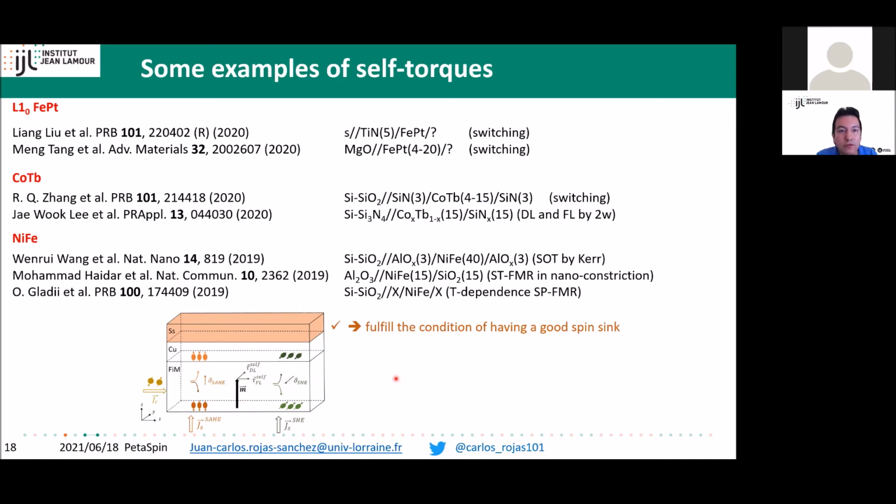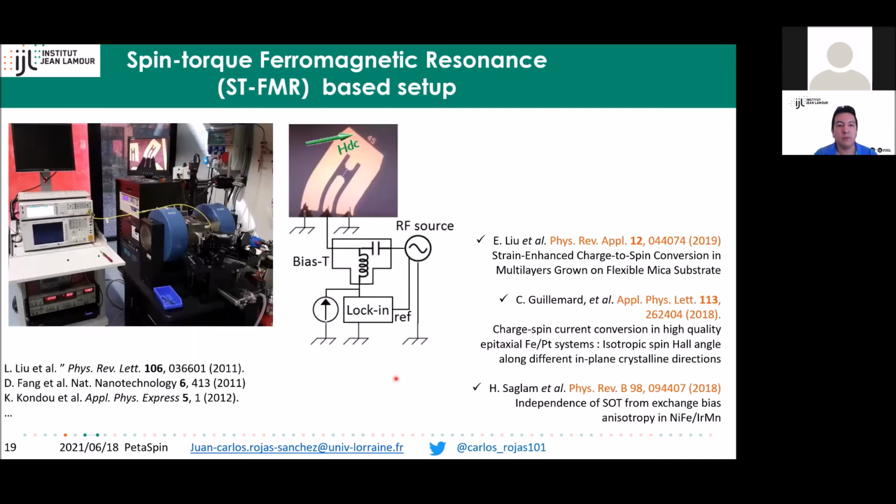And for that, we have shown the following technique based on ferromagnetic resonance. Spin torque ferromagnetic resonance, and here a micrograph of one of our devices. We inject AC current using an RF source through a bias tee, and we use lock-in detection. But in addition, we will add a DC bias current to do the modulation of the linewidth.